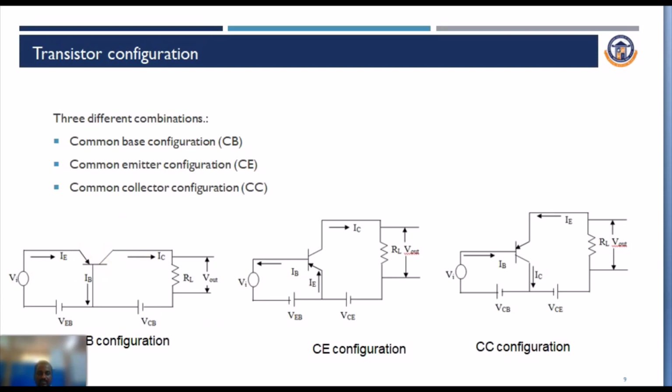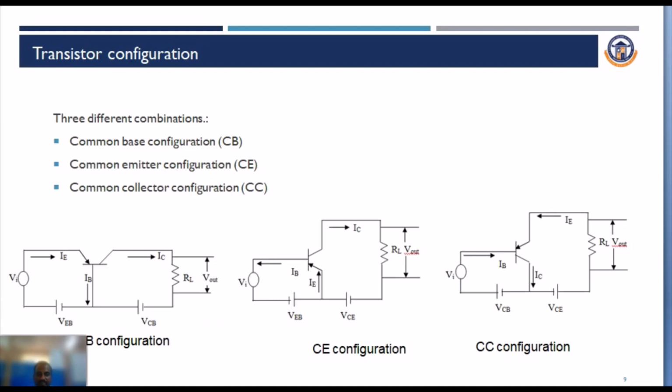Here the input side is the emitter terminal, whereas the output is the collector terminal. If we arrange it in this configuration, we call it a common base configuration, because the base acts as the common terminal for both input as well as output.